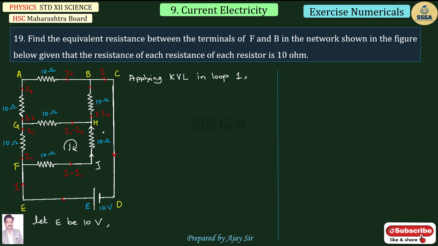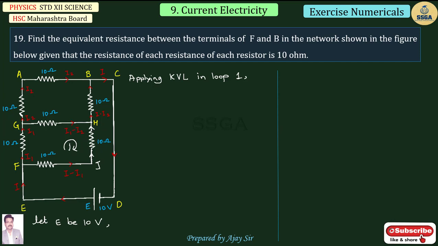So here in this arm, suppose we are starting from H point and we come to J point. So when we come to the J point, the direction of tracing and the direction of conventional current are opposite. So therefore the EMF here is positive because the direction of tracing and direction of conventional current are opposite.